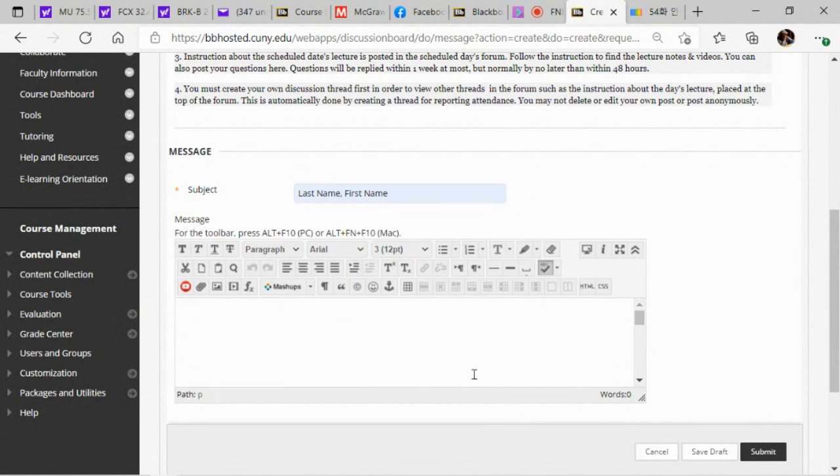It's important because your names are sorted by last name on the roster, and in all official documents you are classified and sorted by last name, so you follow that order. In the message body, nothing much to say, just, hello professor, this is so and so reporting for attendance, or something like that. Hit submit, and that's it.